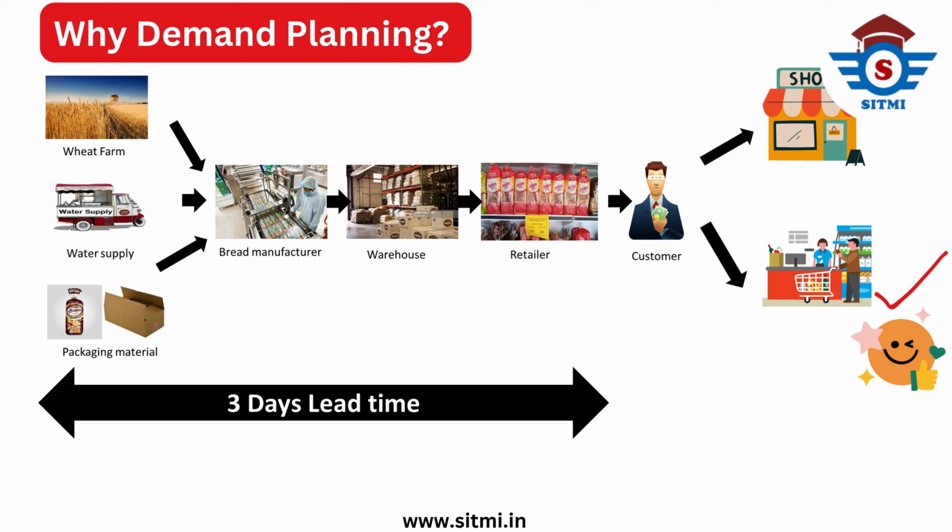So your experience with the second shop will be much better in terms of delivery and responsiveness. And that is the key reason why demand planning is done. In this case, shopkeeper 2 has done some demand planning for the groceries which will be required for the customers.